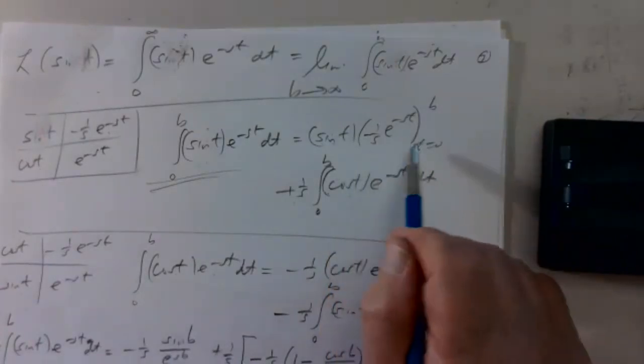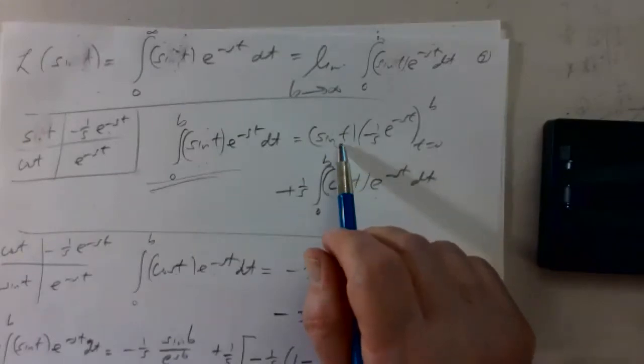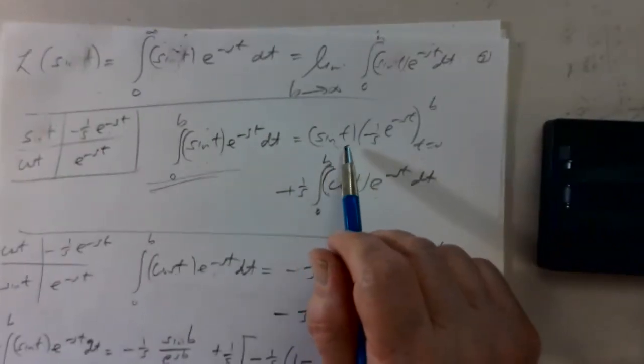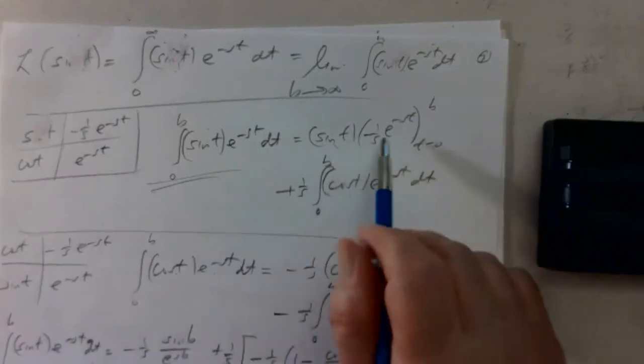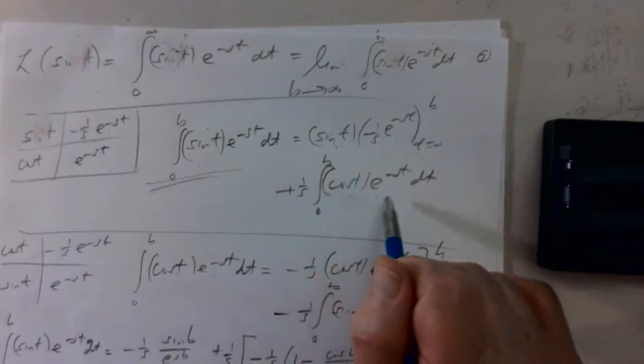And here, when t equals 0, I get 0. So this is really just minus 1 over s sine b over e to the sb. That's perfectly correct. Plus 1 over s times this integral.